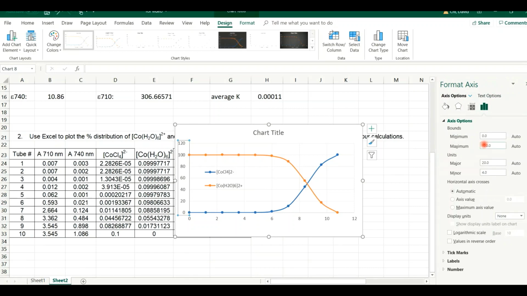Let's put the minimum at -10, and that would look a little better.